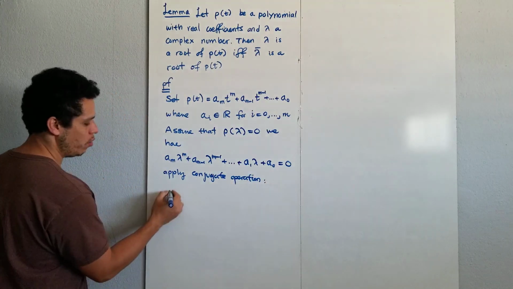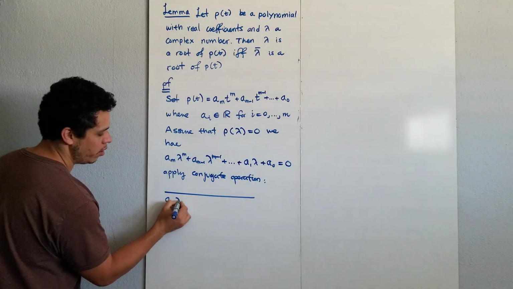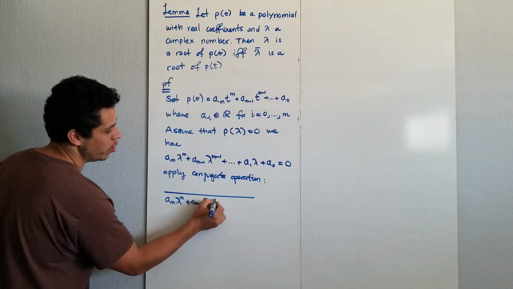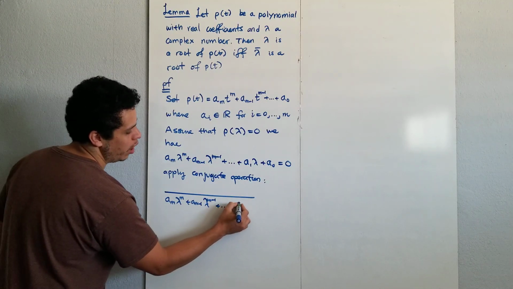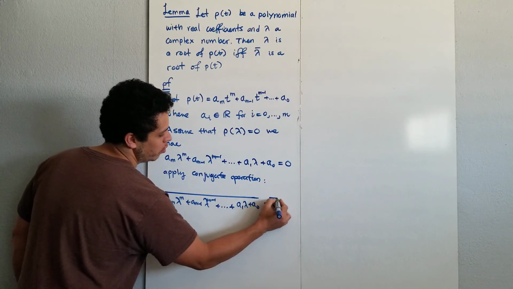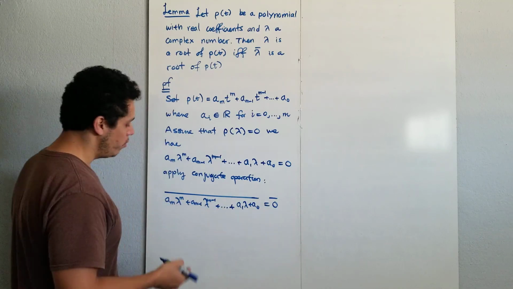We have that a_m lambda to the m plus a_{m-1} lambda to the m minus 1 plus all the way up to a_1 lambda plus a_0 is equal to 0, conjugate. But the conjugate of 0 is 0 itself.